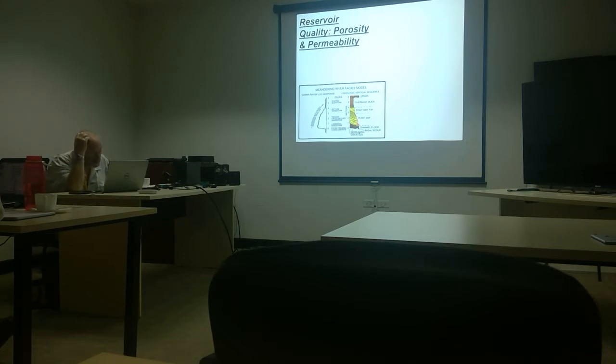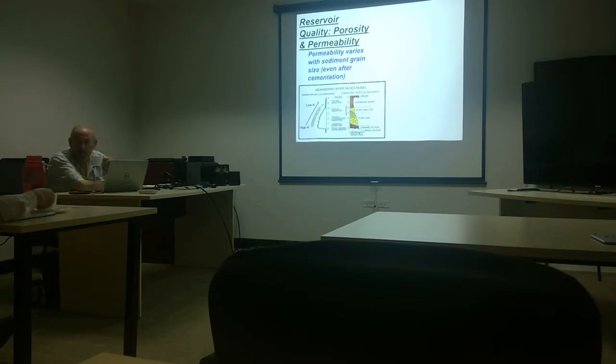And typically what you find in a meandering river sequence is what we call fining up. The grain size gets less and less, and that actually controls permeability. So permeability varies with sediment grain size, and even after cementation, you'll still get some remnant permeability that'll be a function of the original grain size.